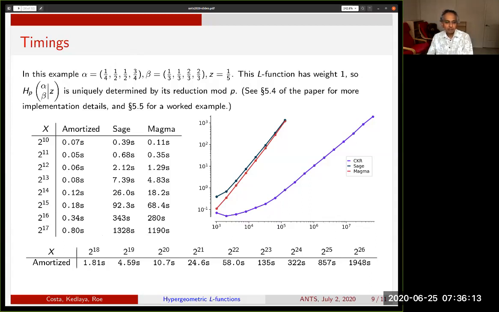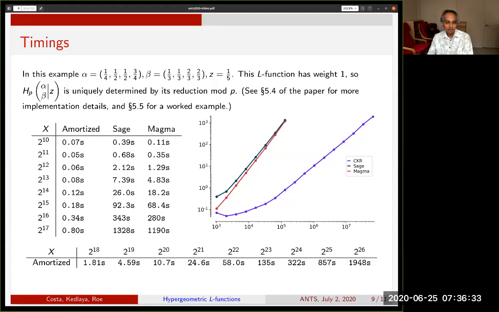The first thing you can look at in this table is the Sage and Magma columns, which we've plotted on this log-log graph here. And you can quite clearly see that we're observing quadratic complexity. The slope of this line in the log-log plot is very close to 2.